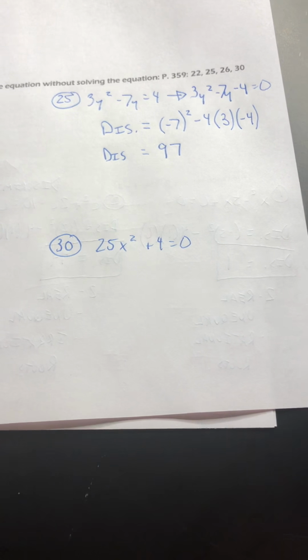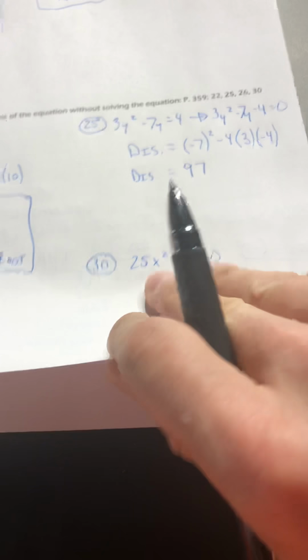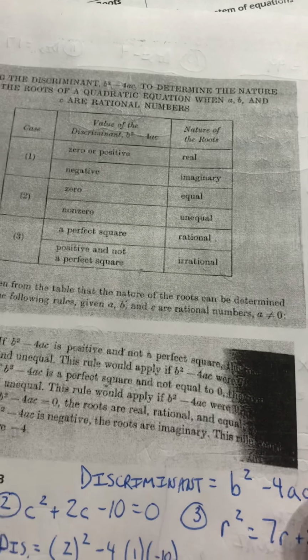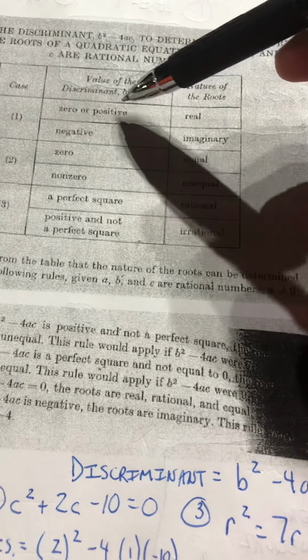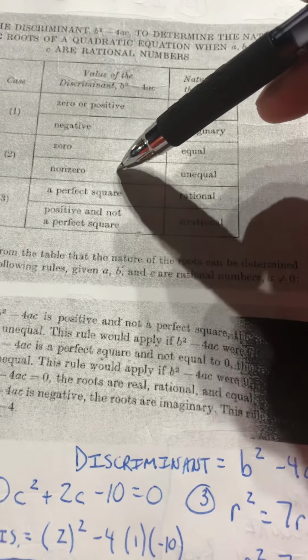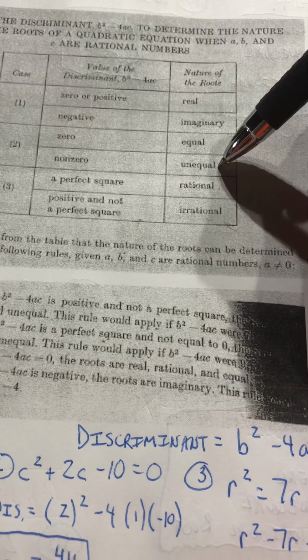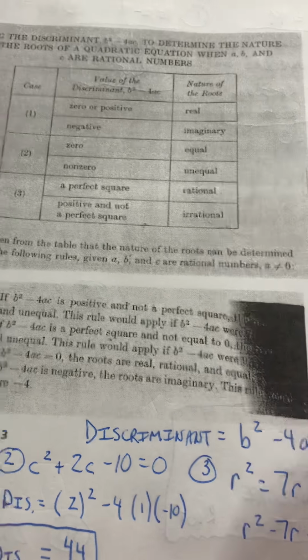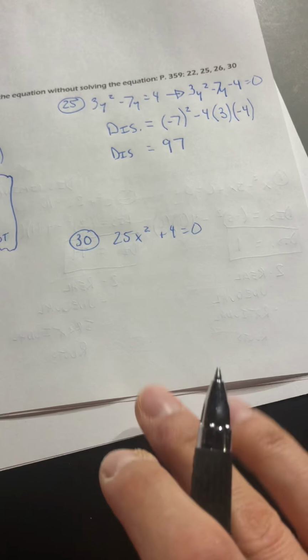So now we have to describe what that means. We look back to our table. We know 97 is positive, so therefore it's real. It is non-zero, so therefore it is unequal. And it is not a perfect square. It's positive, non-perfect square, so it's irrational. We're going to flip back and write our answer.